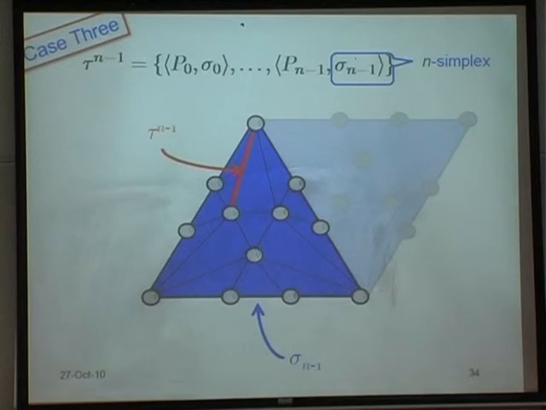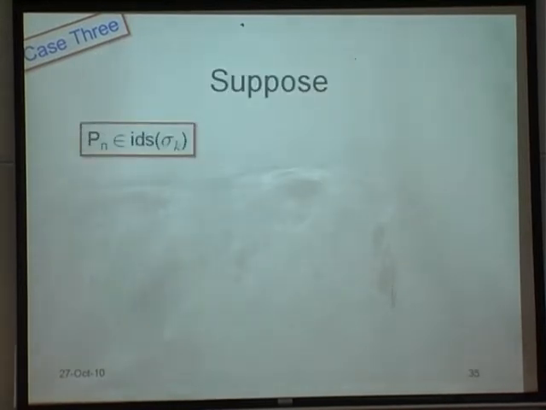So what that means is that, for example, the n minus 1 simplex we're looking at might be this one here. And the last process happened to see everything. So before we were on the boundary of this simplex, but now we're looking at an interior edge of the simplex.